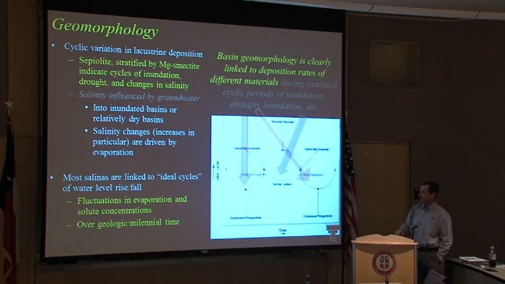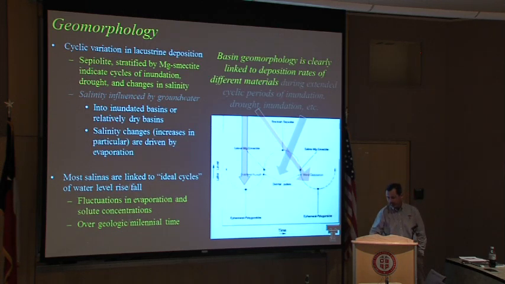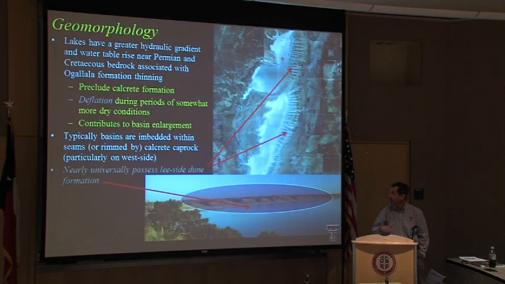Basically these salinas or saline lakes are linked to these cycles of water level rise and fall that historically naturally occurred even within the Ogallala itself. But it's the fluctuations in evaporation and concentrations in the water which make these relatively unique systems. Again, these are over millennial time, thousands of years for these processes to occur. That's the thing to keep in mind in terms of current conditions.